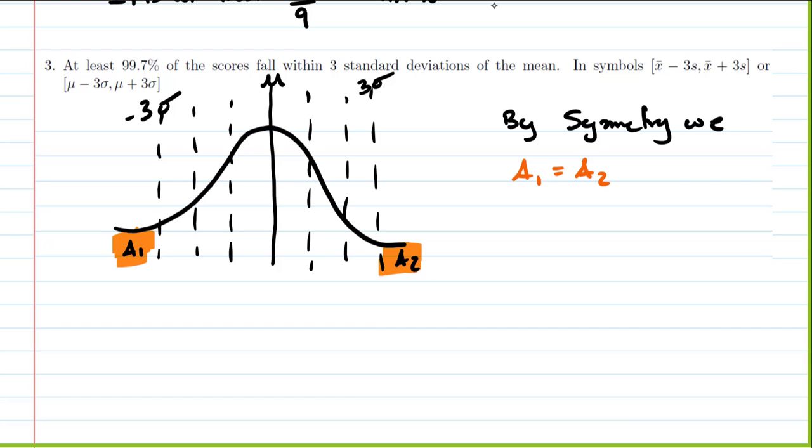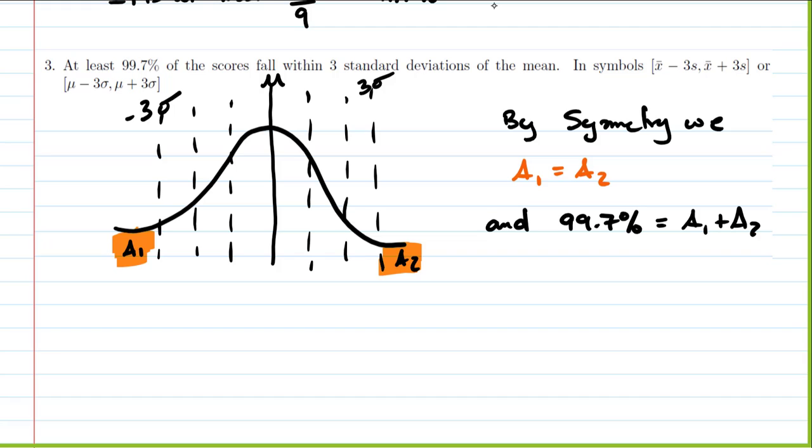So A1 has to equal A2, and 99.7% is how many fall within 3 standard deviations, which has to equal A1 plus A2.